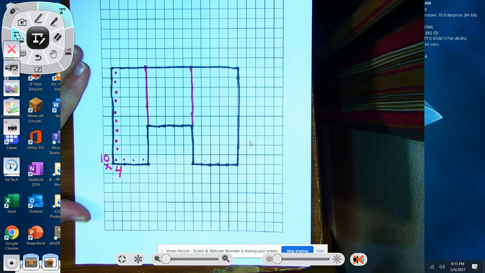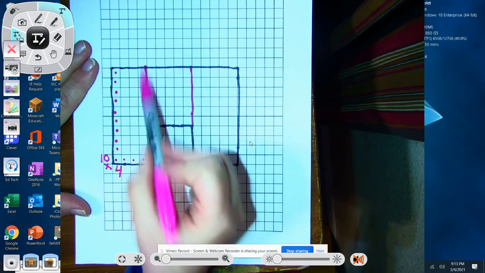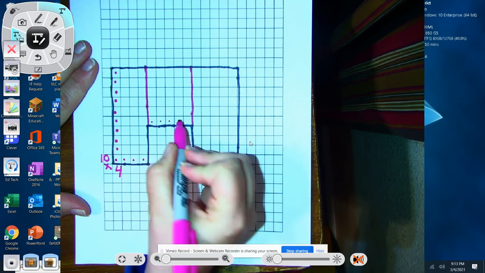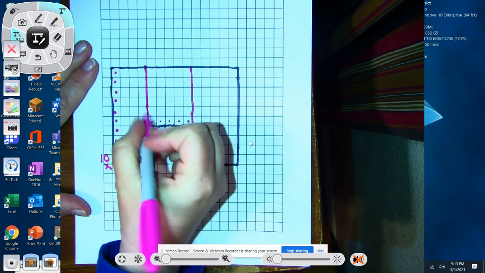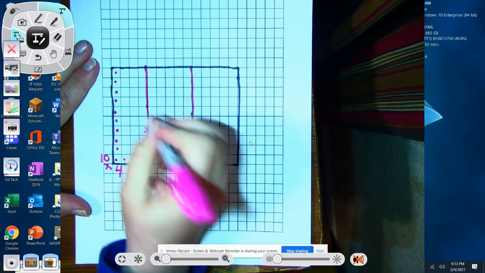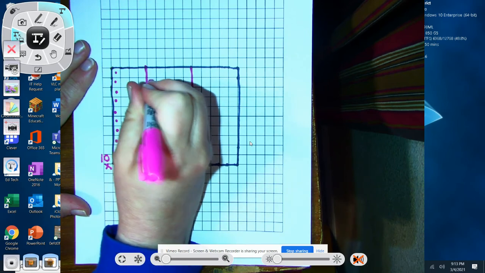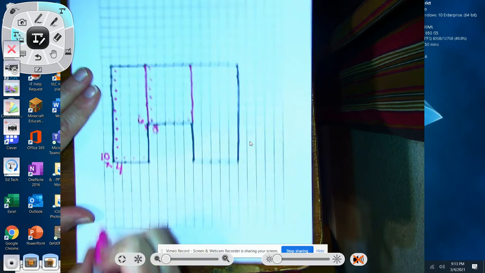And I bet you could almost multiply that one in your head. Okay, and then I have this rectangle in the middle. Let's see what this one is. 1, 2, 3, 4, 5. Okay, so this one's 5 times something. Let's try this. 1, 2, 3, 4, 5, 6. 5 times 6.